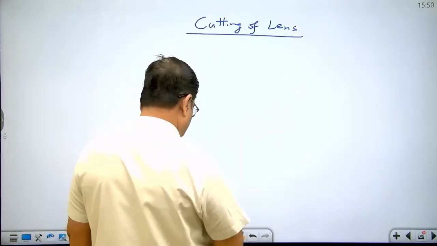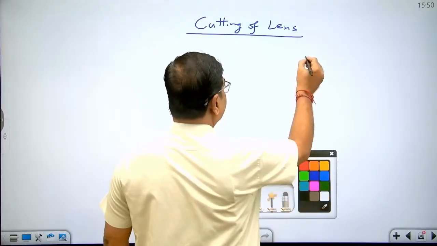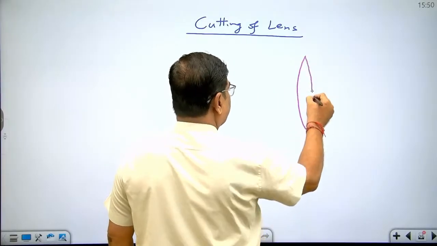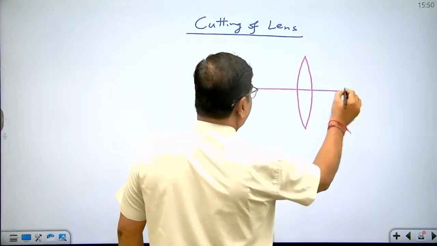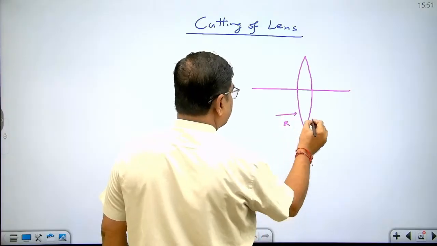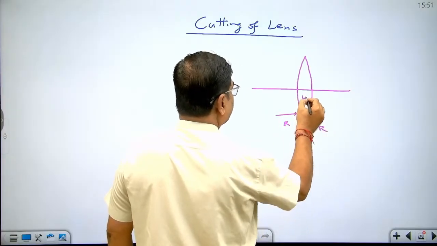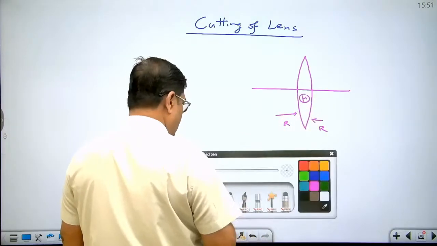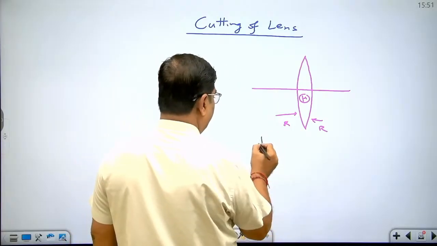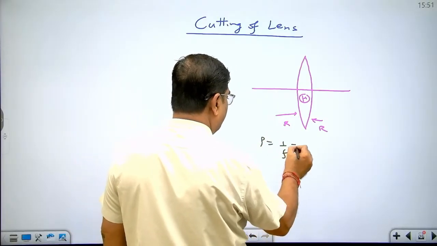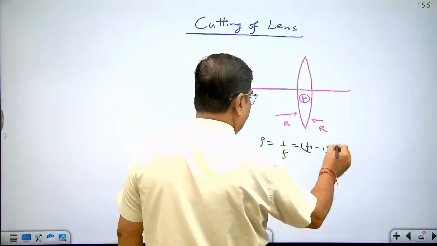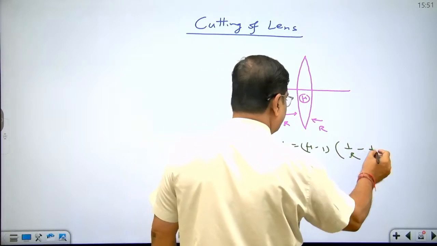See, let us assume this is a thin equiconvex lens, having radius of curvature R, and this is mu. So dear student, here P equal to 1 upon f equal to mu minus 1 into 1 upon R1 minus 1 upon R2.